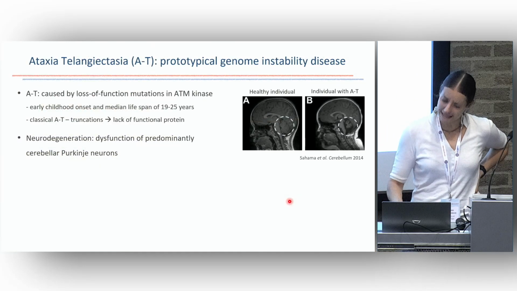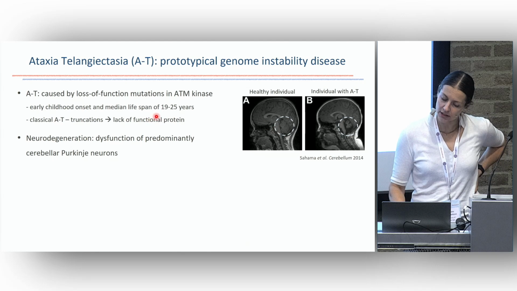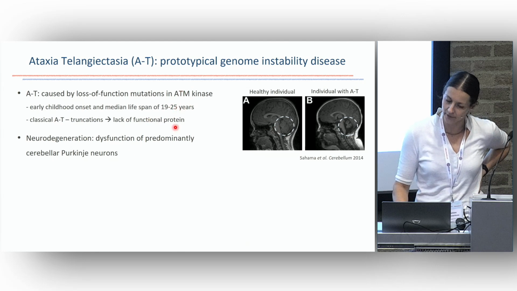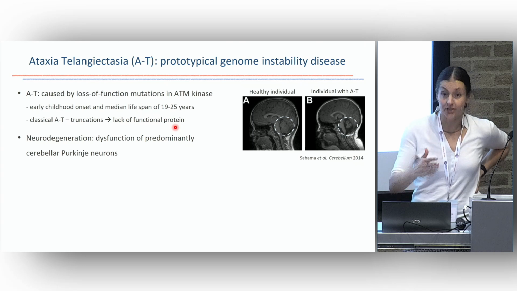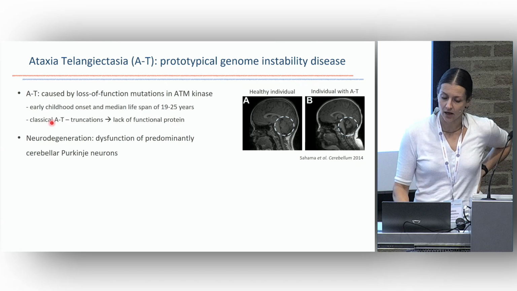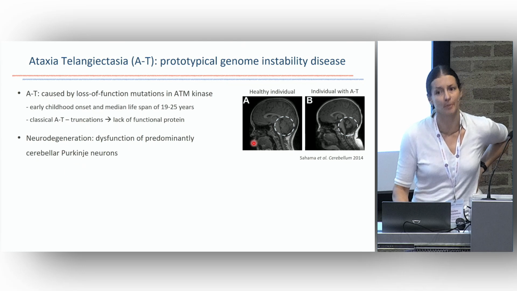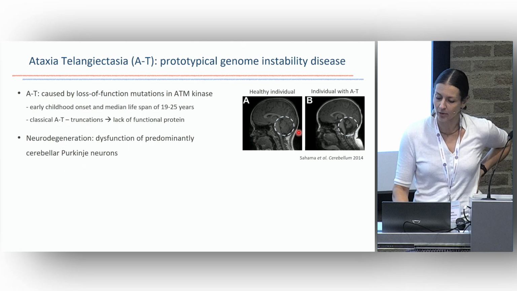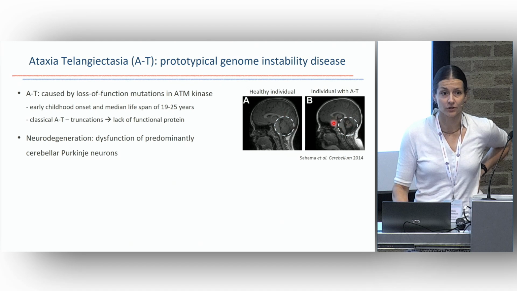Now, going to the disease, as I already mentioned, AT is caused by loss of function mutations in ATM, and it has a few different phenotypes across the body, but in the brain, it manifests as neurodegeneration, specifically in the cerebellum. So here you can see the cerebellum of a healthy individual, and here is the cerebellum of an individual with AT.